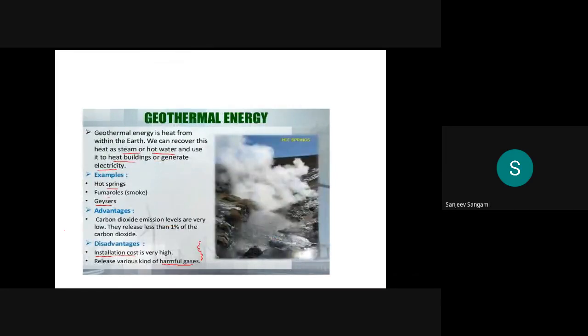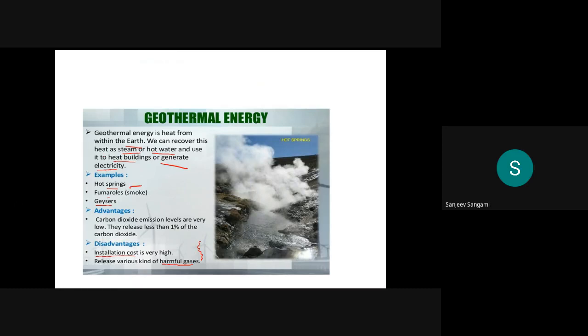Then we'll go with geothermal energy. Of course, geothermal energy is the heat released from the earth's crust. We can capture this heat as steam or hot water, and the heat from the hot water or steam can be used to run machines or turbines, and then automatically we generate electricity.